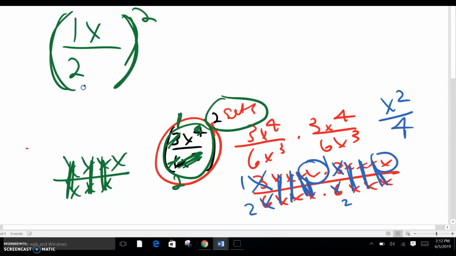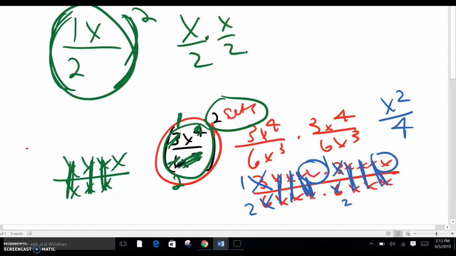So now it's saying I have 2 sets of this. Well, x over 2, if you want to leave the 1 off, it doesn't matter, because there's an invisible 1 there, so either way is fine. So I have 2 sets of this. Also notice I have to have, like, not really distribute. I have to have 2 sets of this, but I also have to have 2 sets of that.